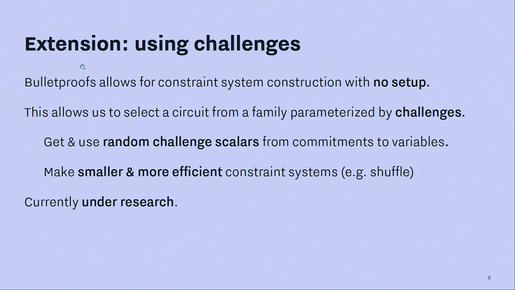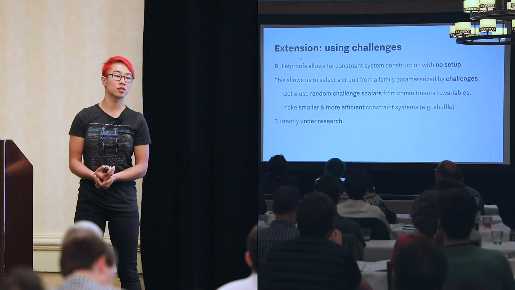So that's basically what we were working with coming from the paper. As we were implementing the constraint system proof, one thing we realized is that it would be really, really nice if we could use challenges, if we could make the generation of the statement that we're trying to prove interactive. The nice thing about Bulletproofs is that there's no trusted setup.